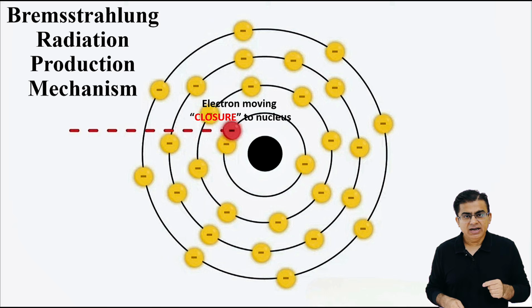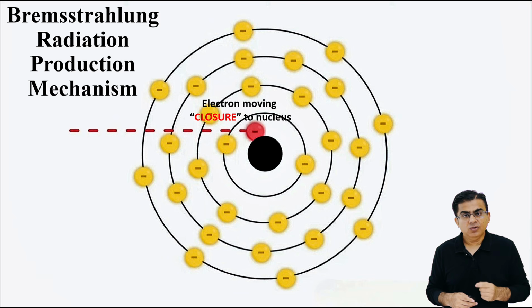I will remind you that this specific nucleus is packed tightly with 74 positive protons. Because of this massive positive charge, it creates an extremely strong electrostatic pull on this negative incoming electron.